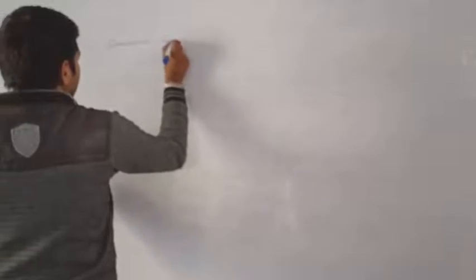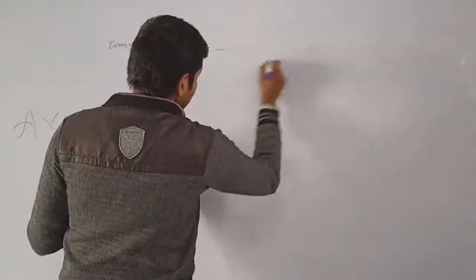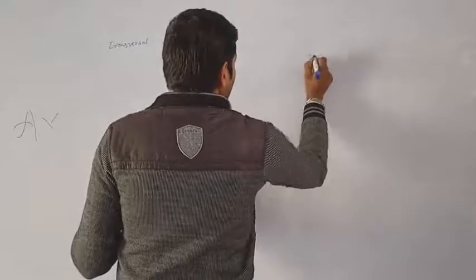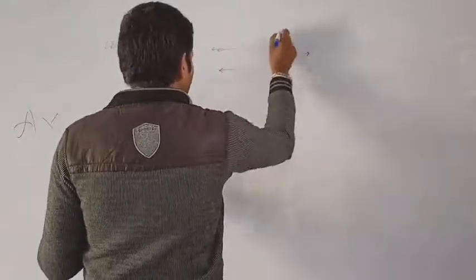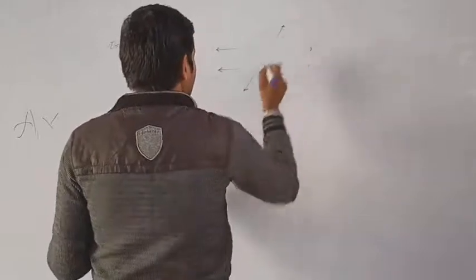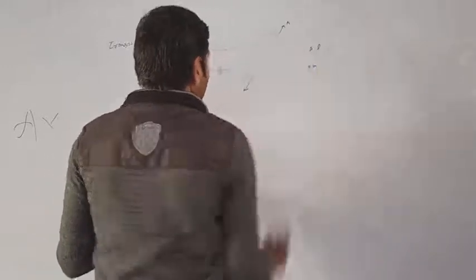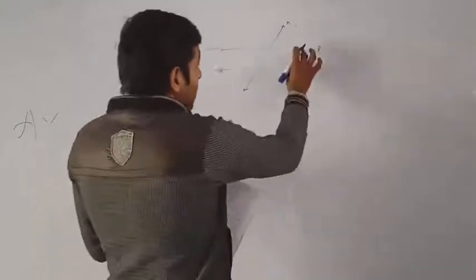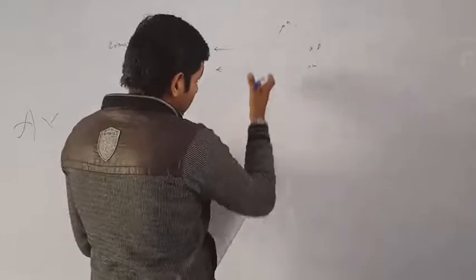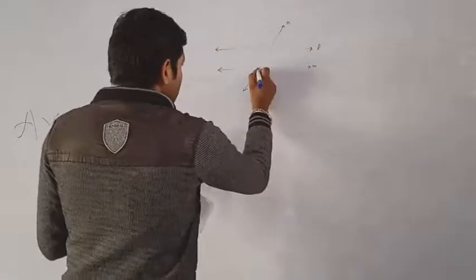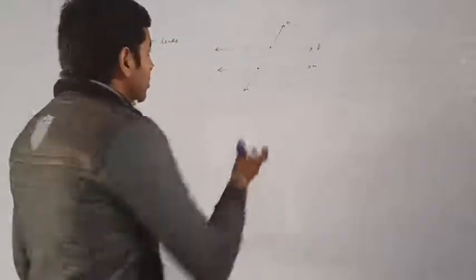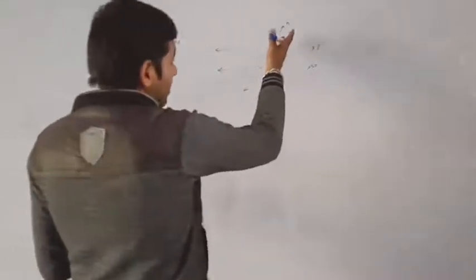Next, what are transversal lines? If any two parallel lines are intersected by any straight line at distinct points, then this line is called the transversal of these two lines.